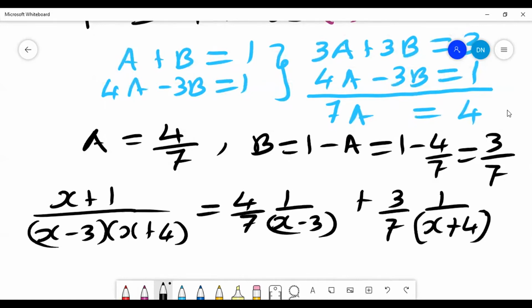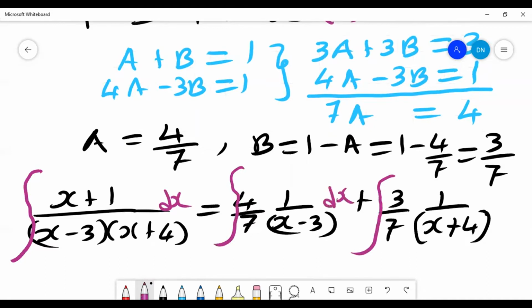So already I've been able to break down my integral into two partial fractions, a and b. So instead of doing the integral of this, I'll do the integral of this, and then I'll just introduce the dx into each of them. And that's how I'll go about it, and that will make it easier.